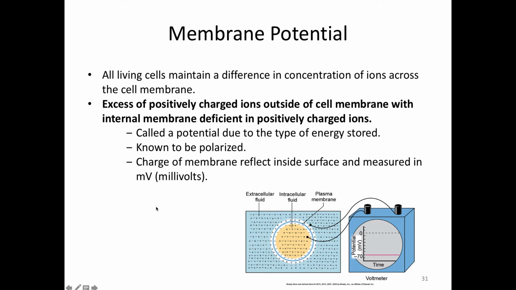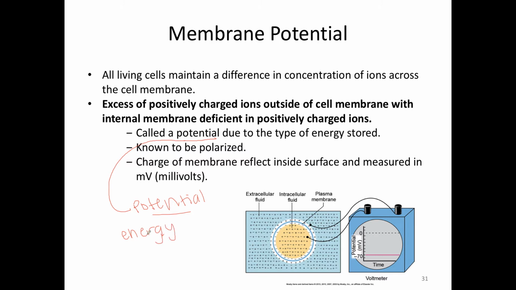So an excess of positively charged ions outside of the cell membrane with the inside deficient in positively charged ions creates this potential difference, and it's called potential because putting different things on different sides of a membrane represents potential energy.